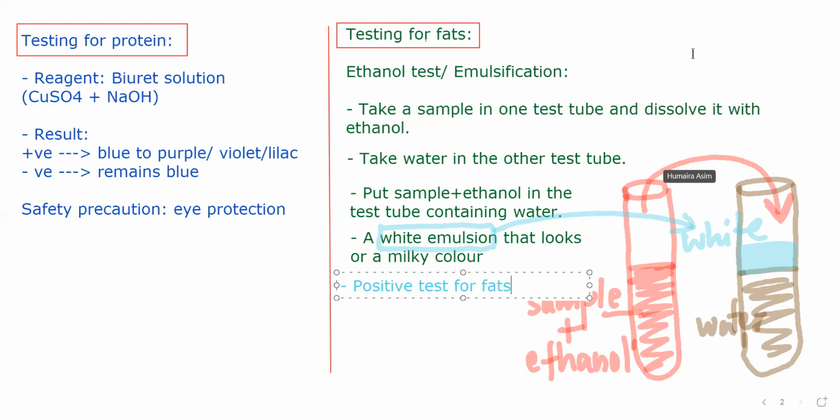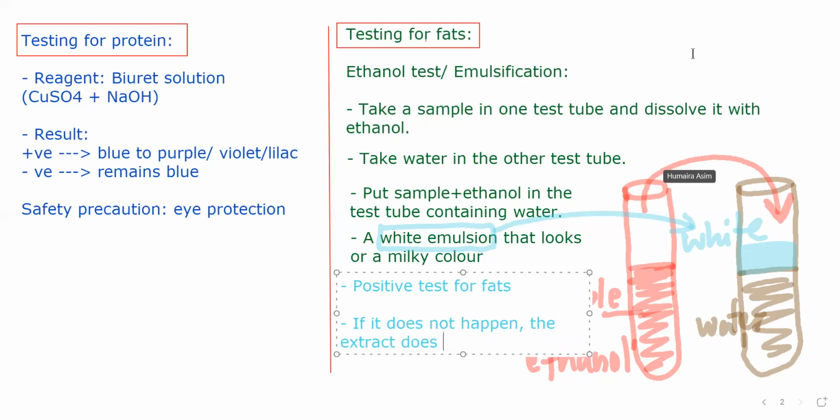And if it does not happen, what does it mean? The extract, the sample, does not contain fat. Let's conclude it. What else are you supposed to know in this? Again, the safety precaution.